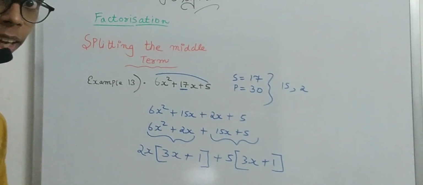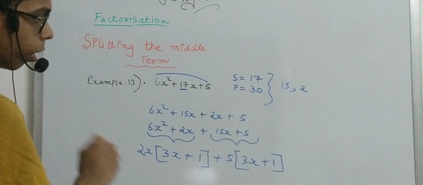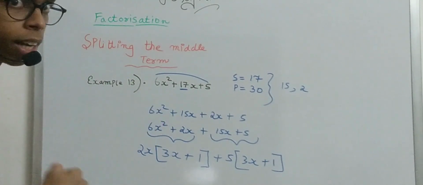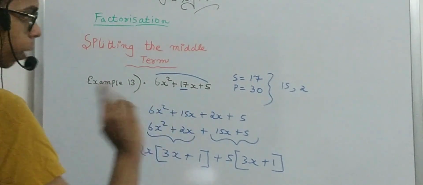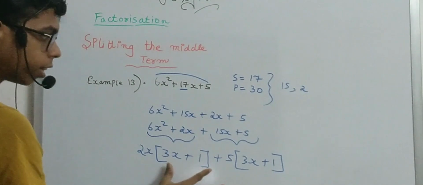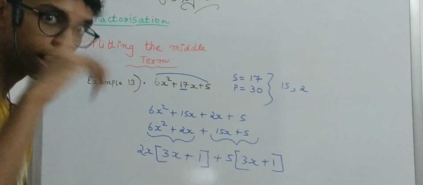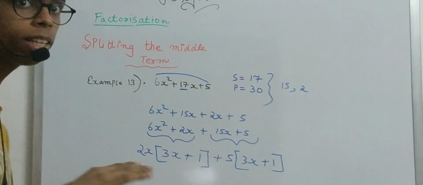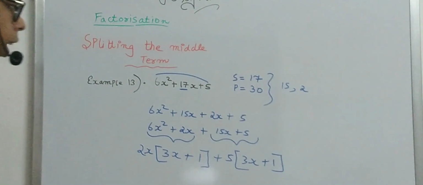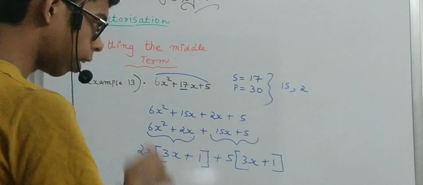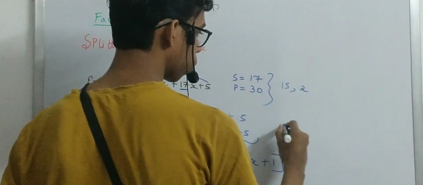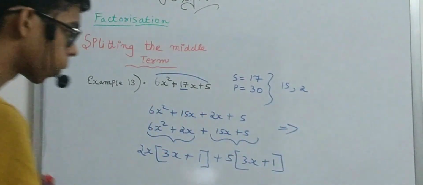That is, take the common values. Now if you see over here, if you have done your splitting the middle term correctly, the terms that you have taken common, the terms that are present inside the bracket, will be the same. So now our task is over. Now for writing our final answer, what should you do?